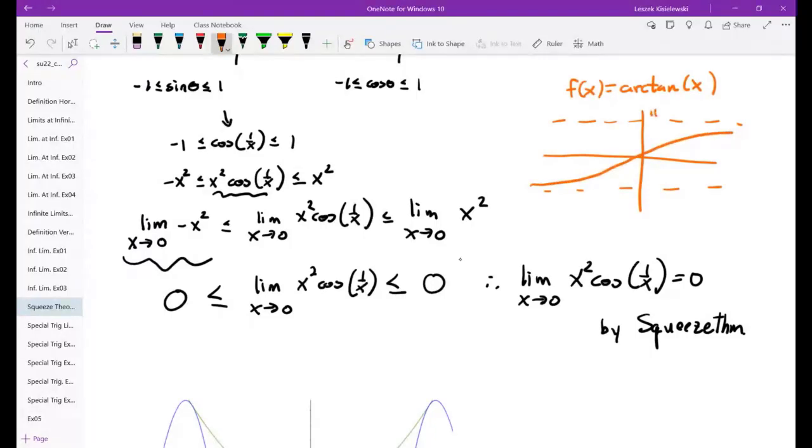If you recall or study the graph of this function, you'll find two horizontal asymptotes, y equals pi over 2 and y equals negative pi over 2. So arctangent, like sine or cosine, is a function that's bounded below and above. That's always also a good function to work with when dealing with the Squeeze theorem.